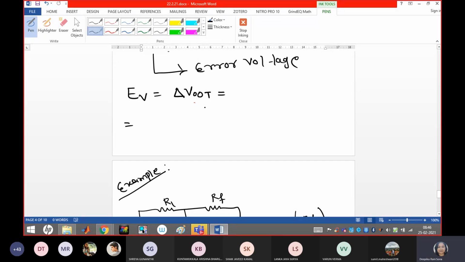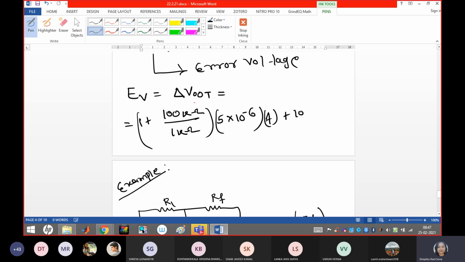Del VOOT can be written as 1 plus 100 kilo ohm whole divided by 1 kilo ohm whole into 5 microvolt it was given, right? 5 into 10 to the minus 6 whole into 4 weeks. Okay. So plus again 100 kilo ohm, because this is RF.